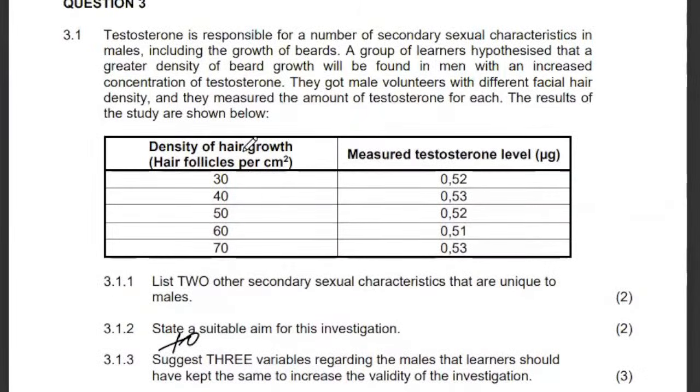So density of, meaning how much testosterone is needed for this specific follicle to grow, or how many follicles are going to grow in that specific area under the influence of this testosterone.